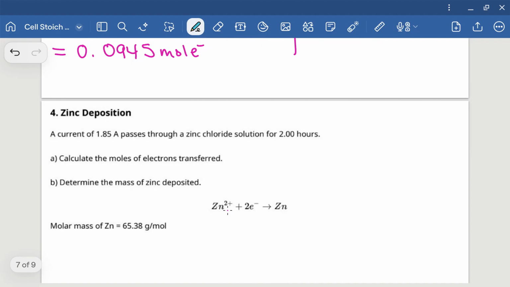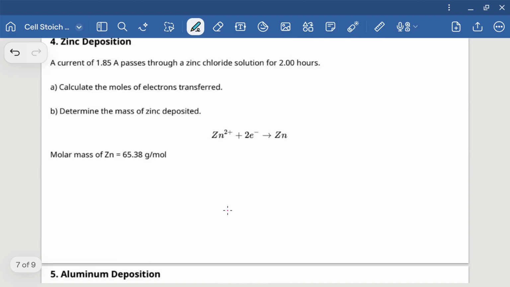So if you need a little bit more practice, here's a couple more. So we have zinc, in this case, zinc chloride. Again, the metal would be the one making the solid, so that's what we need for the half reaction. It's telling us that we have 1.85 amps. So again, calculating moles of electrons first, using this formula, 1.85 amps. Multiply it by your time.